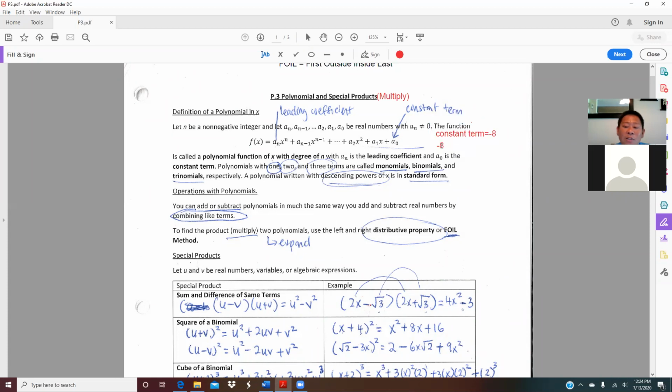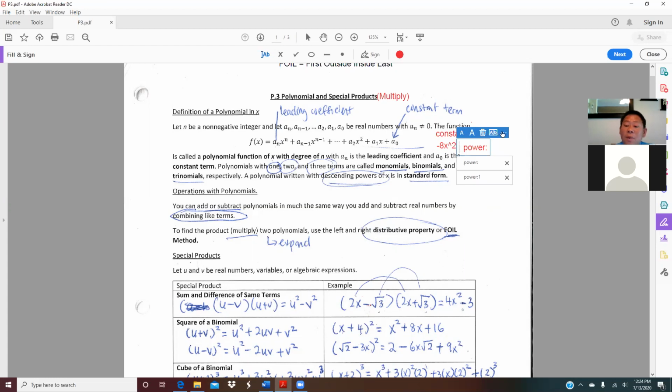Can someone tell me what is your power if I give you negative 8x? Then the power here should be 1. The reason why it's 1 is because x here has a power of 1. And if I say negative 8x to the power of 2, then your power here is 2.